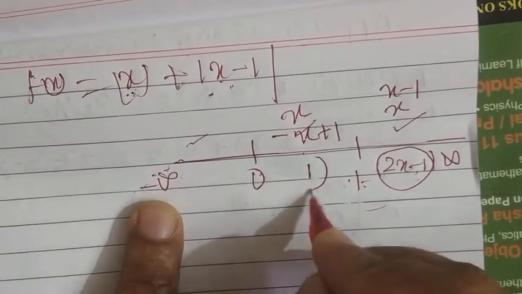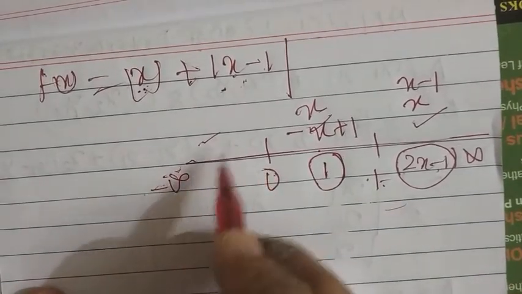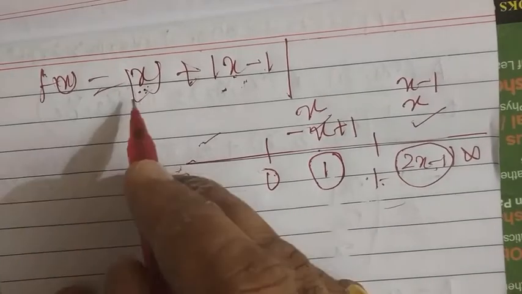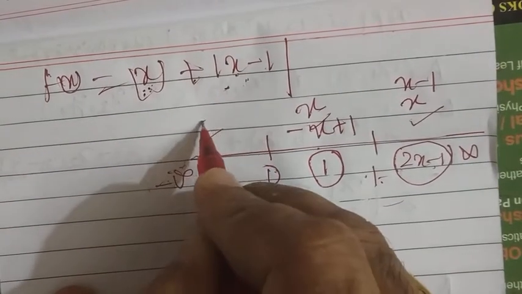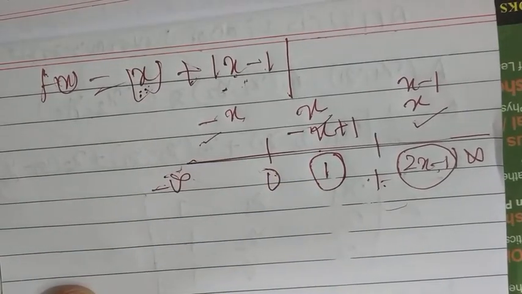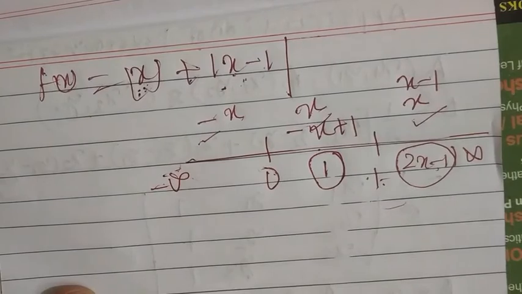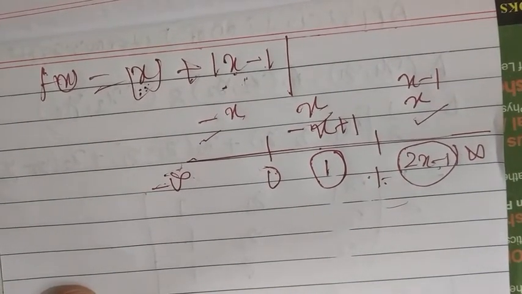It is 1. And take a number which is less than 0. Say I take minus 1. What is mod of minus 1? It is plus 1, I am just changing the sign. So it is minus x. Why minus x? Because modulus of a negative thing we find by multiplying another minus 1 with that.